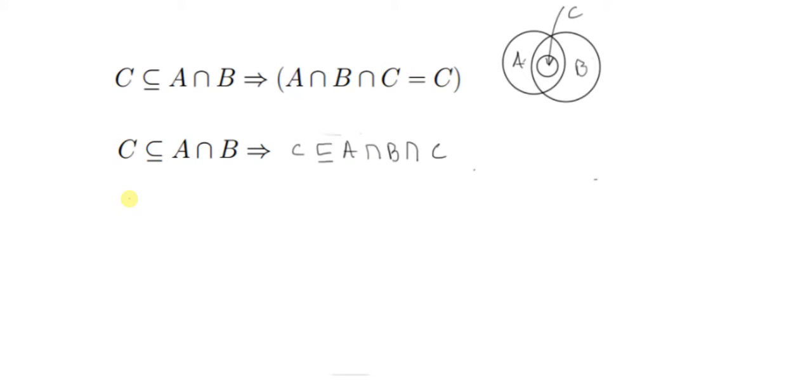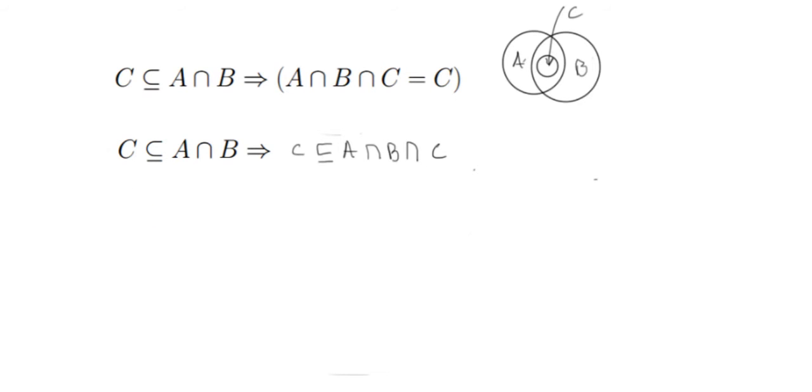So when you do this in a proof, you would write something like let x belong to C. That implies that x belongs to A and x belongs to B. And then you'd write that for this side too. We're going to skip that.